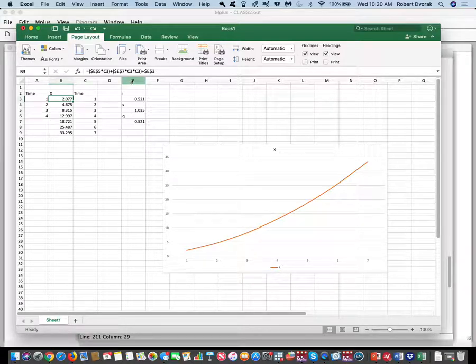Does everybody understand why we did C3 times C3 here? It's because it has to be time squared, right? And so in order to get the effect of the quadratic, the x variable for that is the squared time.